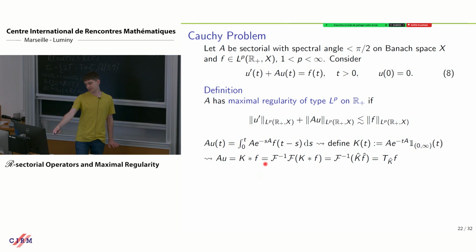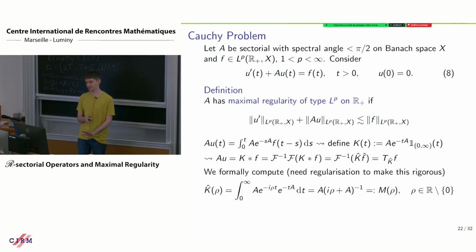Now we just apply some Fourier transform and inverse Fourier transform. We use the connection of Fourier transform and convolution to make this a multiplication, and we see that this will be the Fourier multiplier operator with k hat, where k hat is the Fourier transform of k. So it seems to be reasonable to compute the Fourier transform of k. So let's do this. This is just a formal computation.